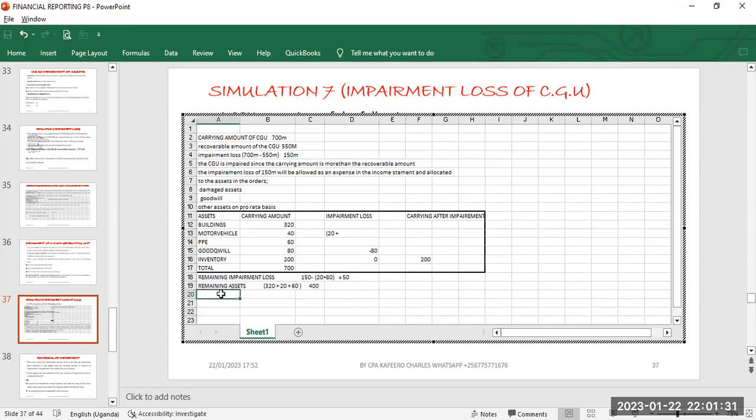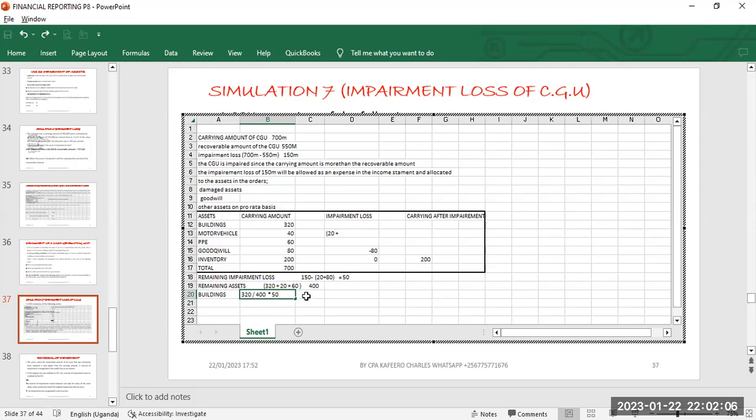So we try to look at now the building. Remember, we said these remaining assets are going to be treated using the pro rata basis. And the pro rata basis will get the individual carrying amount of the building, which is 320. We divide that figure by our total of the remaining, which is 400 million, then we multiply by our remaining impairment loss of 50 million.